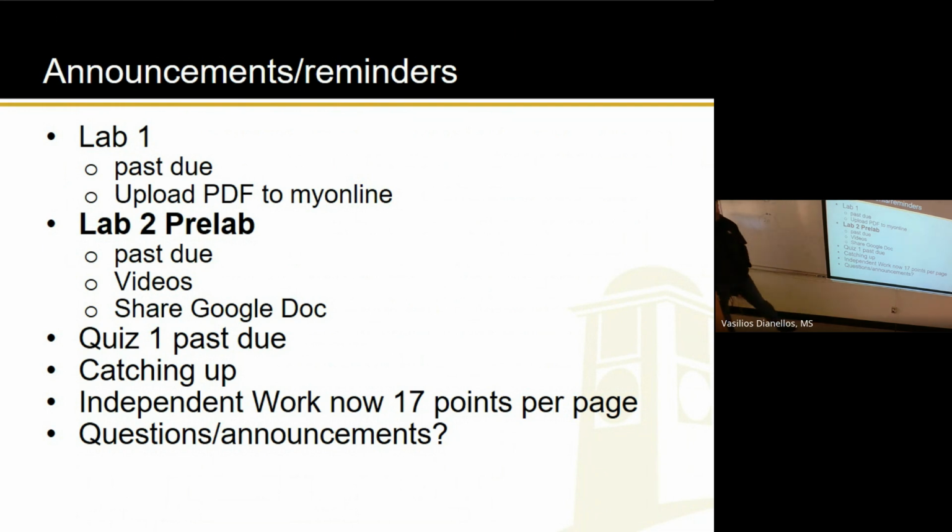Same thing for the pre-lab. The pre-lab for this week is now past due. I'm a little bit behind, so once we're done with this and I go to office hours, I'm going to start grading everything from over the weekend. As long as you have it turned in before I get around to grading it, I'm going to consider that on time this week. Make sure you get it done, because if you don't, you can't come to lab, and that's 20 points that are gone. So any questions about labs in general?